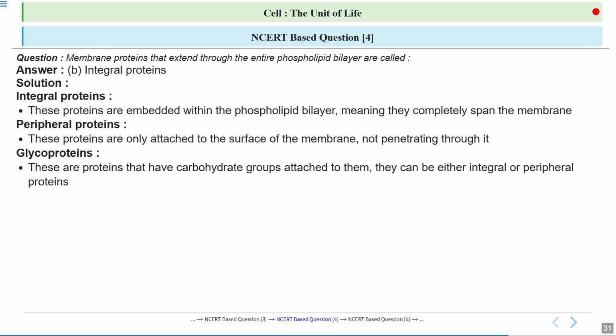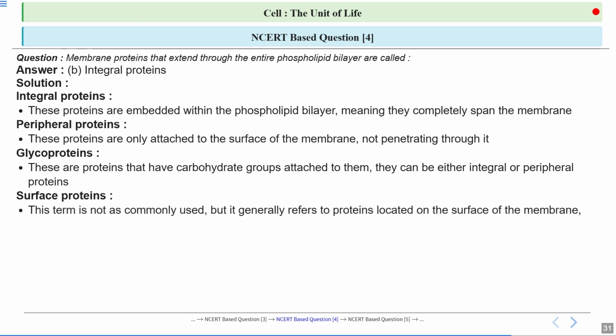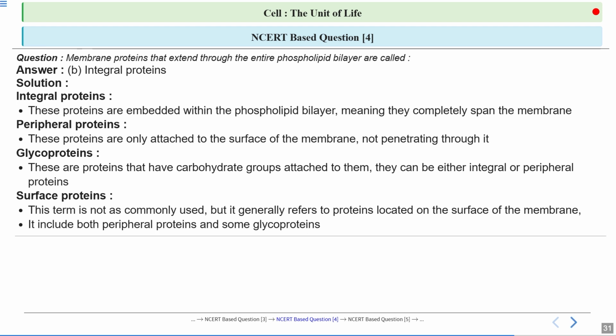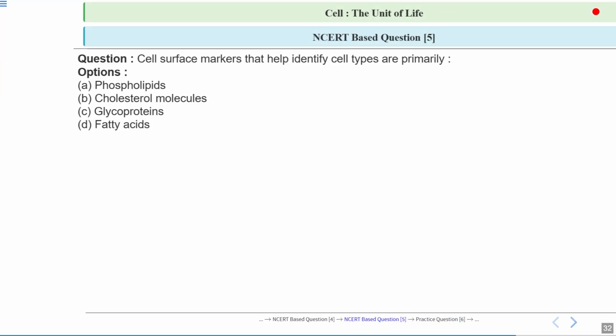They can be integral or peripheral proteins. Next are surface proteins. This term is not commonly used, but it generally refers to proteins located on the surface of the membrane. It includes peripheral and some glycoproteins as well.